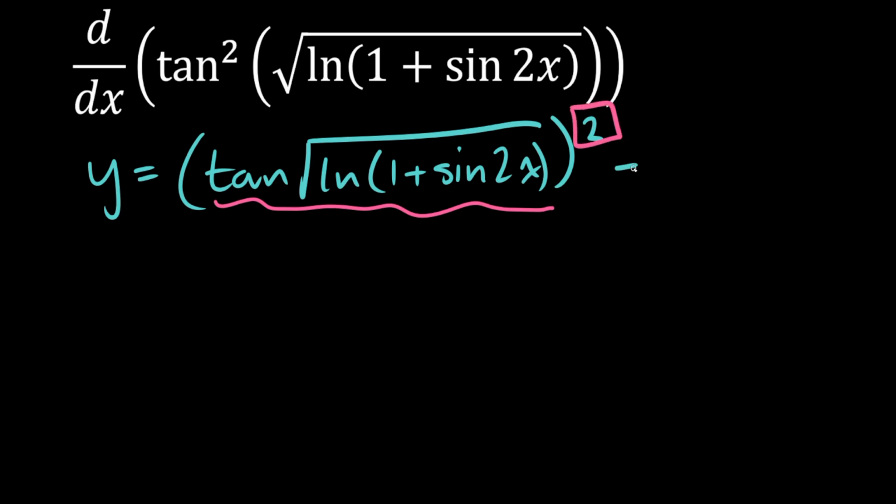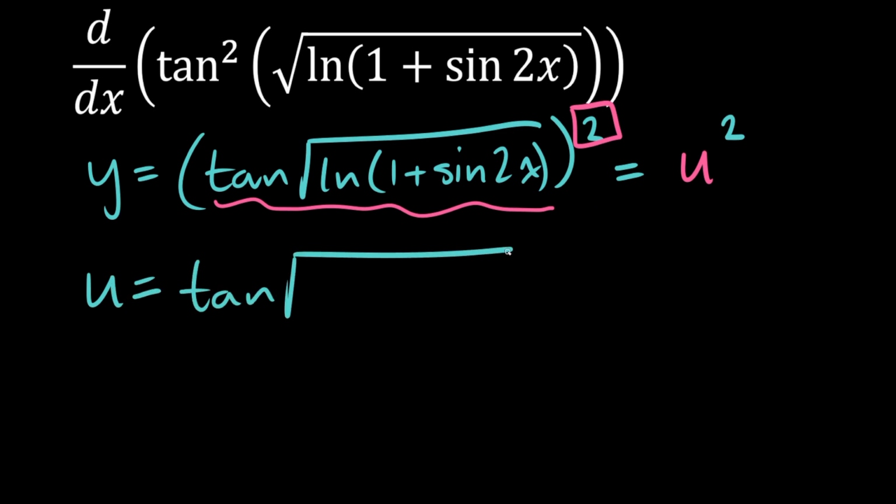So I'm going to call this equal to u squared. You can see this pink underlined part, the entire function here. So tangent and everything that's within this tangent, I'm going to call it u. Then I'm going to define u as the tangent of the square root of exactly what's above there, just without the squared now, plus sine 2x.